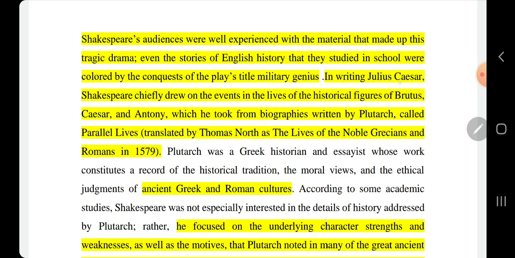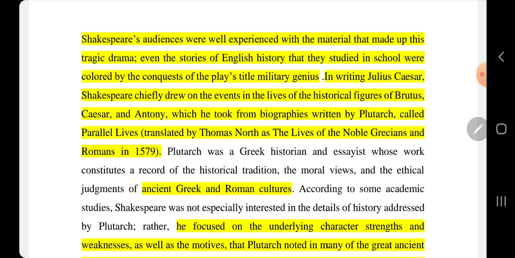In writing Julius Caesar, Shakespeare chiefly drew on the events in the lives of the historical figures. So we have a couple of characters in our play, and one of them is Brutus.